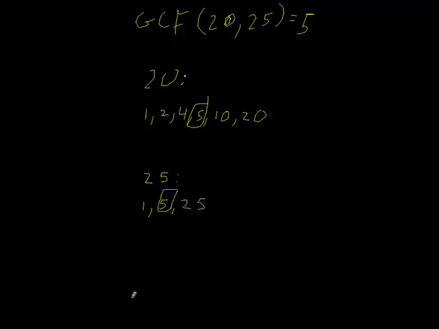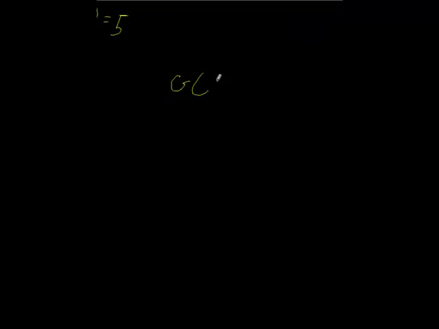And let's take a look at one more. We're going to look at the GCF of 6 and 12. Let's go for 6. Our factors are 1, 2, 3, and 6.